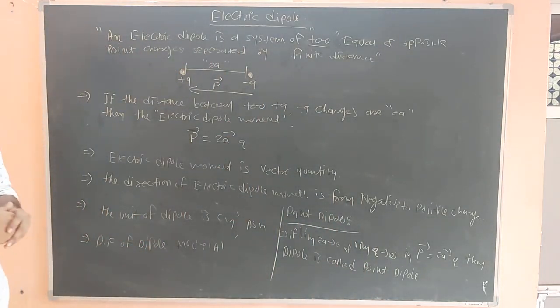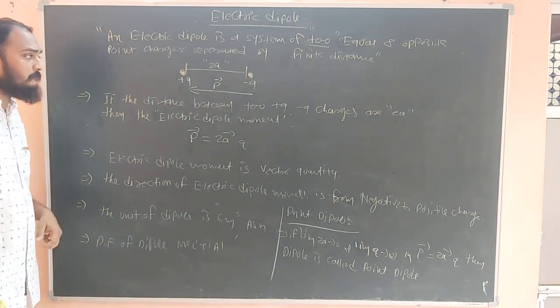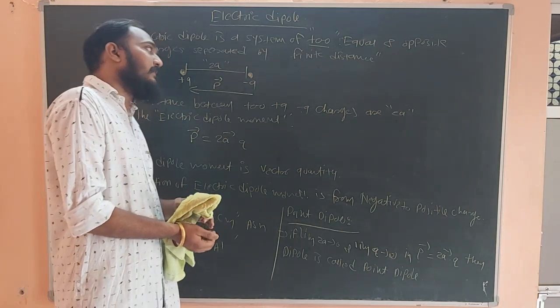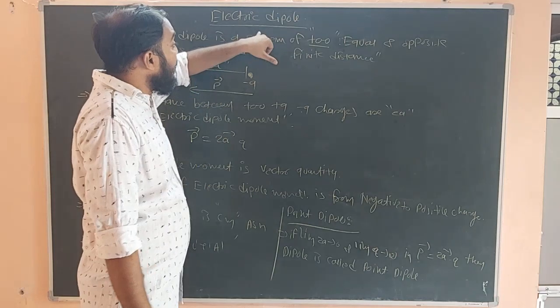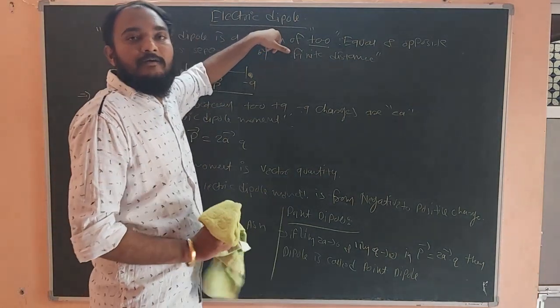We will now talk about the electric field of a dipole. I hope you have written down these important notes. Now we will study the electric dipole, and due to the electric dipole we will find equations of electric field.